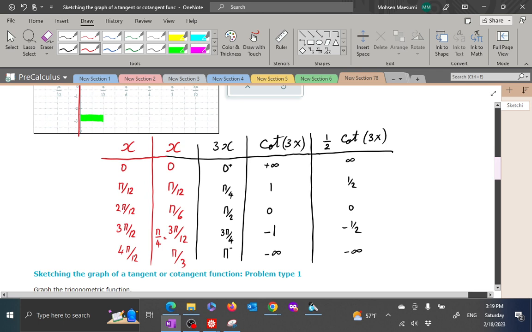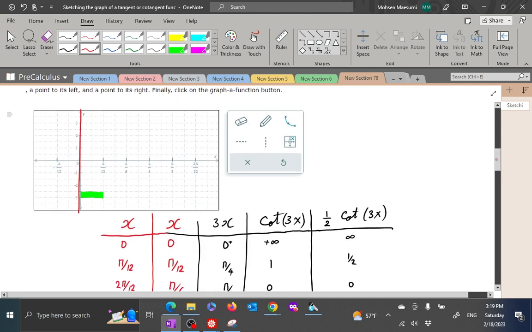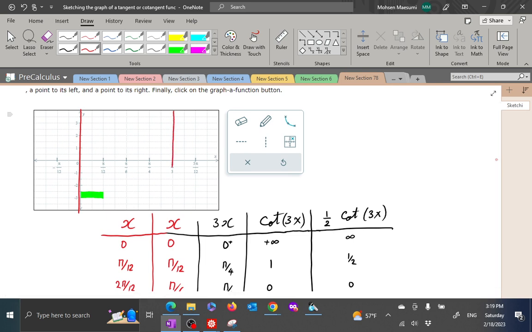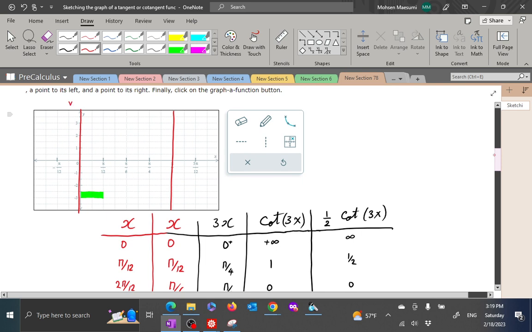The other asymptote happens at pi third, or if the horizontal axis wasn't labeled for us, we would have used 4 pi over 12. But in this case, we are lucky that the horizontal axis is already labeled, so I see that this is the other asymptote. So this is the vertical asymptote, this is the vertical asymptote.